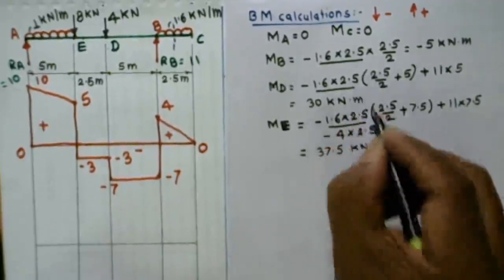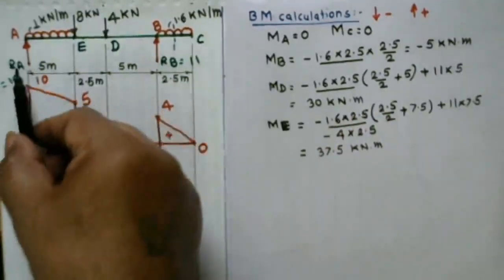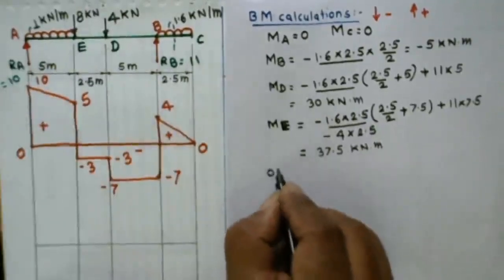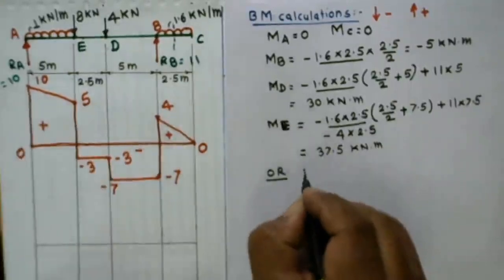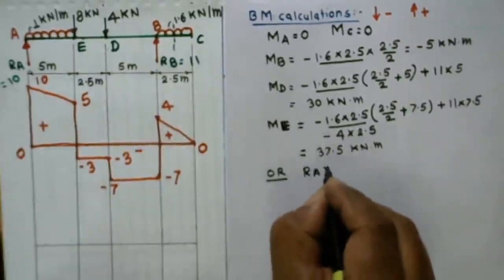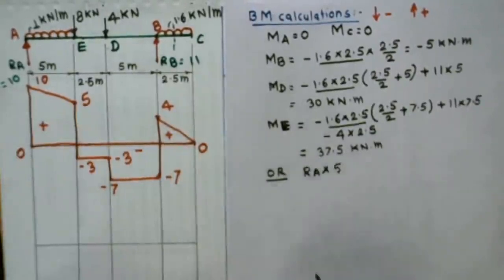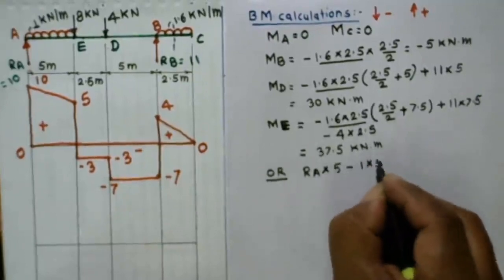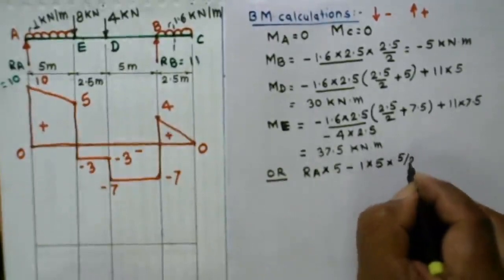Okay, or you may calculate at point E from the left hand side also. How do we calculate it? I am showing here. In that case you may say RA into this distance 5, minus UDL rate 1 into 5 into 5 by 2.